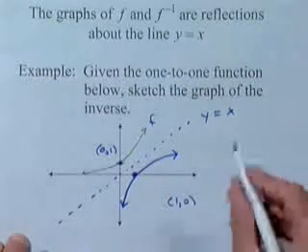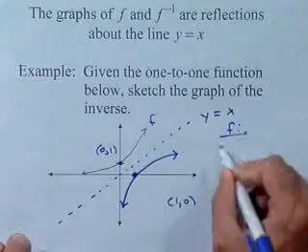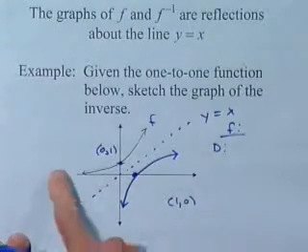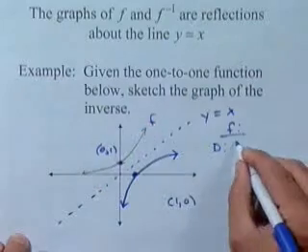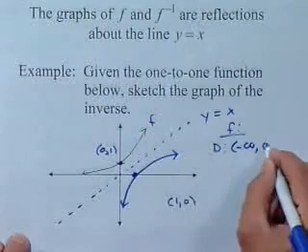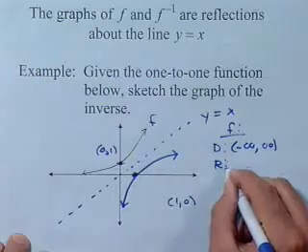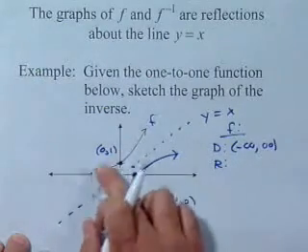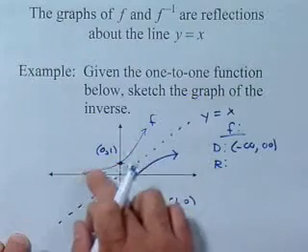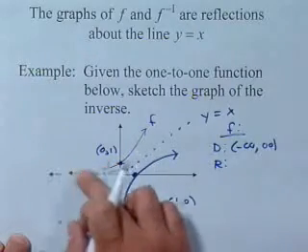Let's note a couple things. What's the domain of our f function? Well, the domain is negative infinity to infinity. The range is from 0. Notice this arrow means it's never going to quite touch the x-axis.